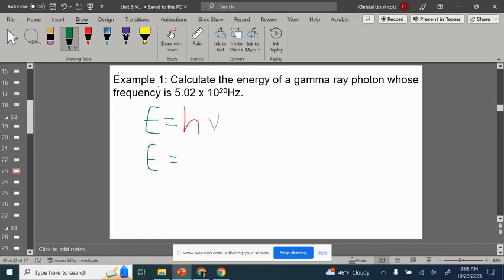So energy is going to equal Planck's constant, which is 6.626 times 10 to the negative 34. Haven't used this in a few weeks. Yep, 34. And that's joules times seconds.